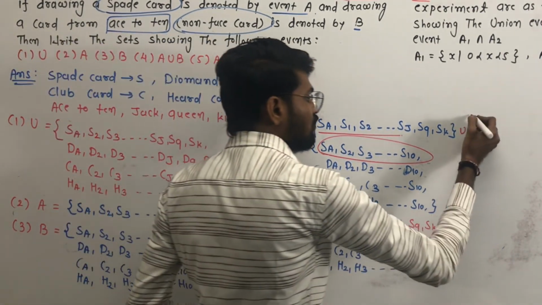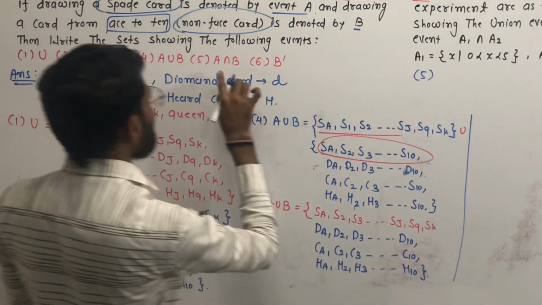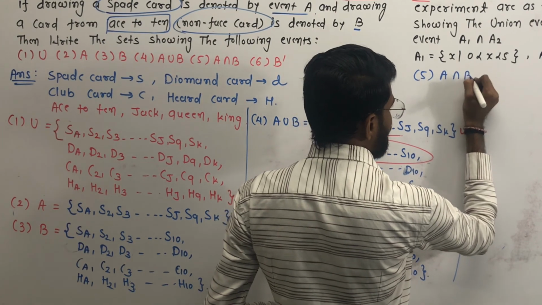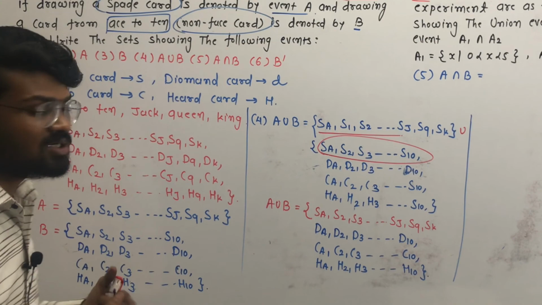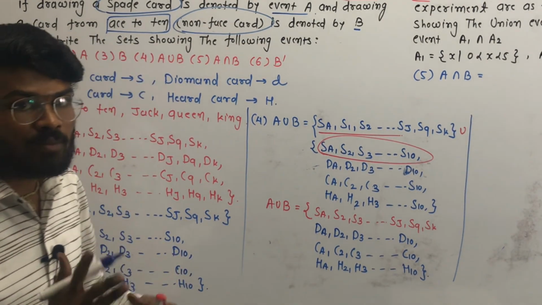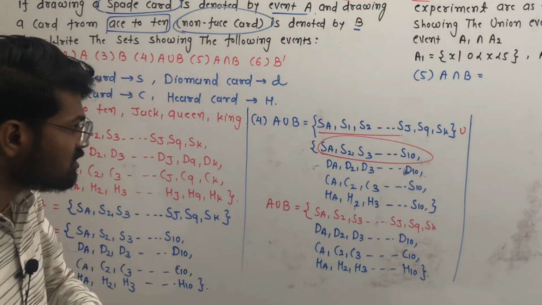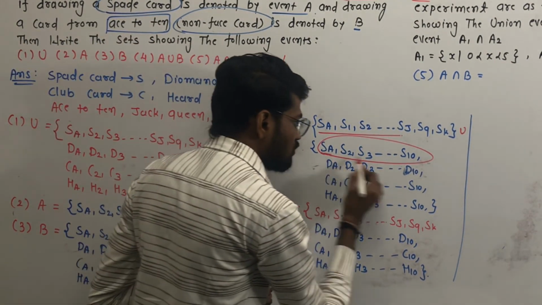Okay, now we have to find the intersection of event A and B. Intersection of event A and B means the common element between the events A and B. Which is the common element? SA to S10.